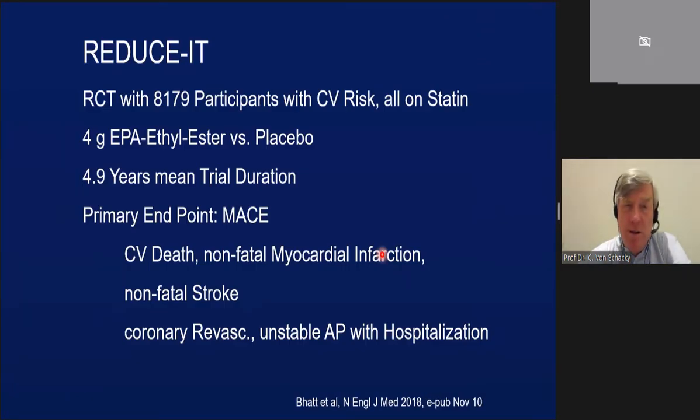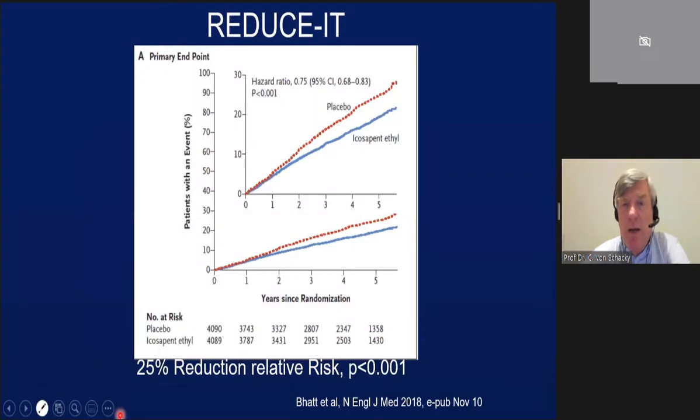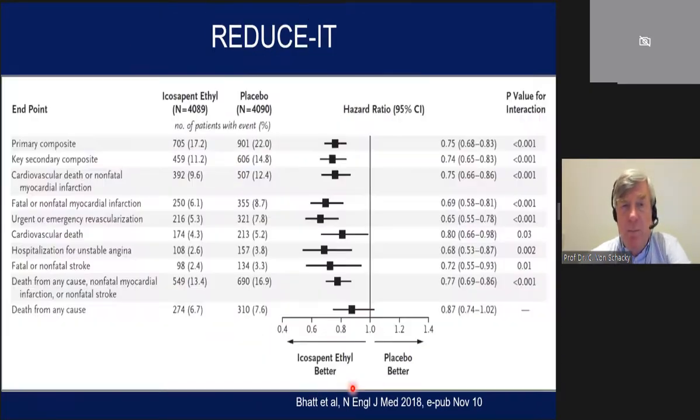And this has also been demonstrated in the REDUCE-IT trial, a 5-year trial with a high dose. Serum levels were measured, increased 6-fold, and there was a 25% reduction in the primary endpoint and in all other endpoints observed. For instance, also a 28% reduction in fatal or non-fatal stroke.